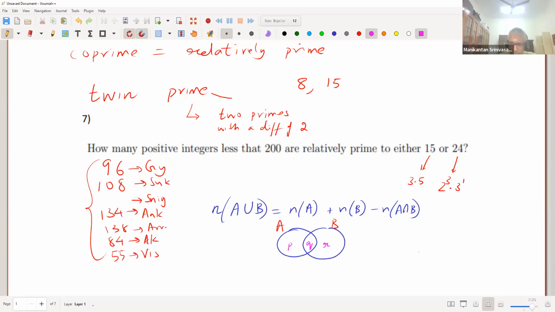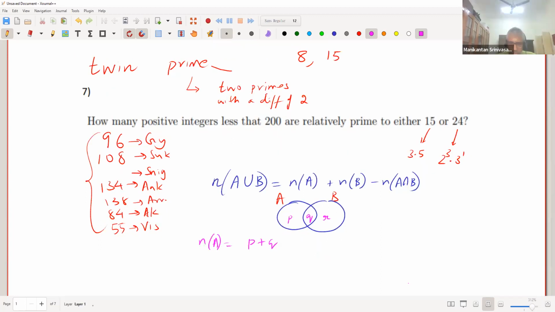So by this logic, the number of elements in A would be P plus Q, where N stands for the number of elements. The number of elements in B would be R plus Q.